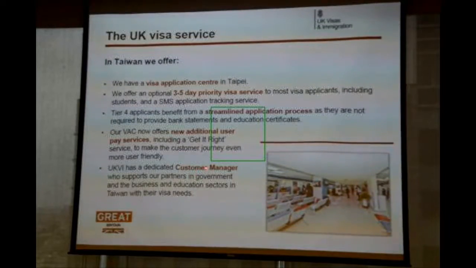And you also have a dedicated customer manager for Taiwan, which is myself. I just want to clarify my position: I'm not there as a public conduit for inquiries, okay, but I am there to work with British Council and the British office here, and also to get feedback from you about the service and what we're doing, okay? So do feel free to give feedback, positive as well as negative.